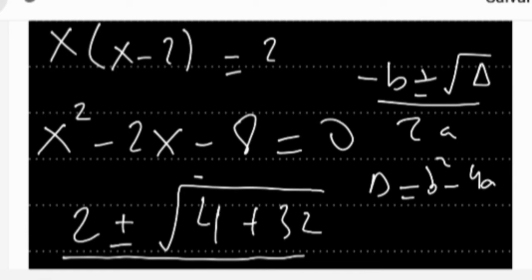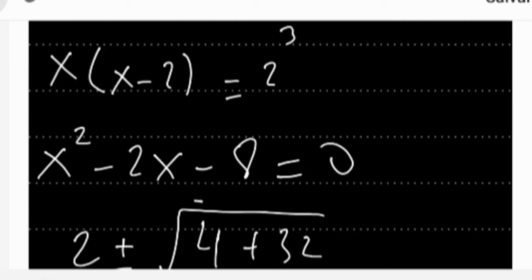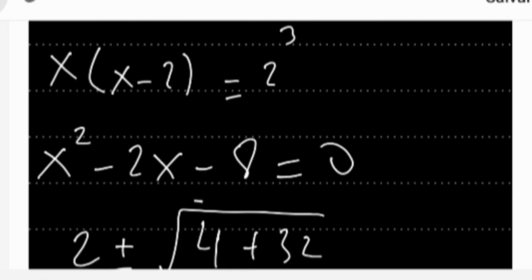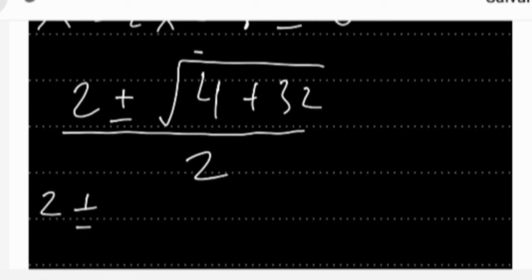If you don't remember this, do it step by step. a is 1, b is minus 2, and c is minus 8. So 2 plus or minus the square root of 32 plus 4, which is 36, whose square root is 6, divided by 2.